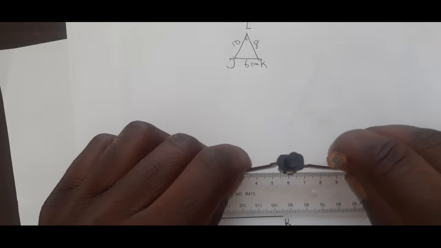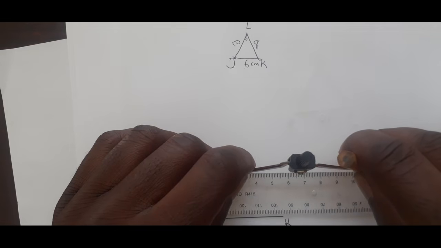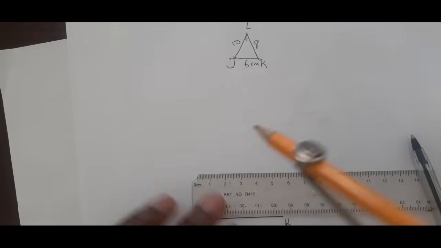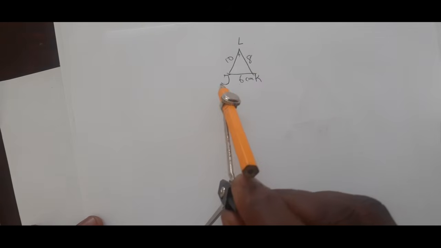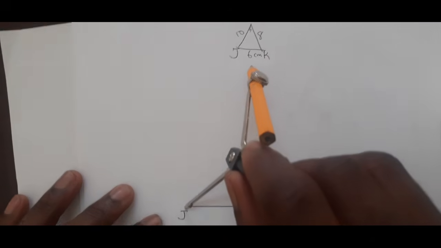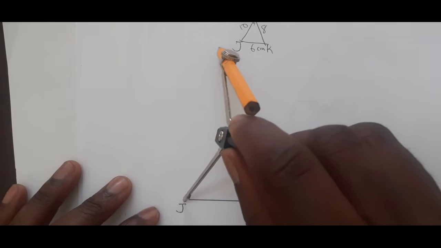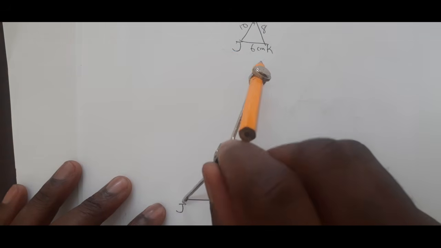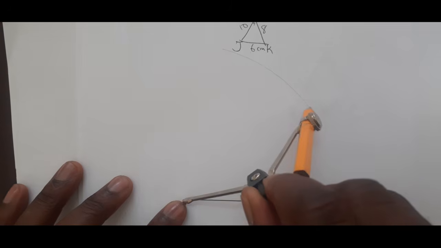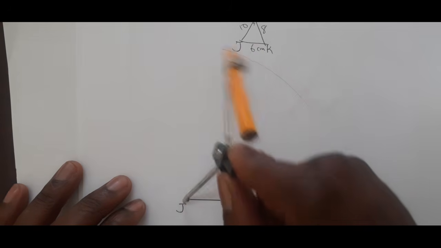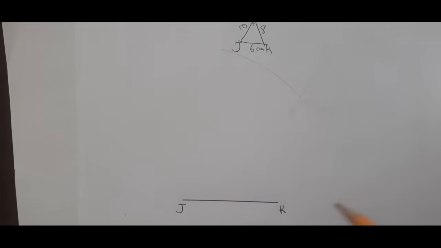So instead of going up to 10, I'll go up to 11. Then I put it here. Okay. Then do an arc here. This is 10 centimeters from J.